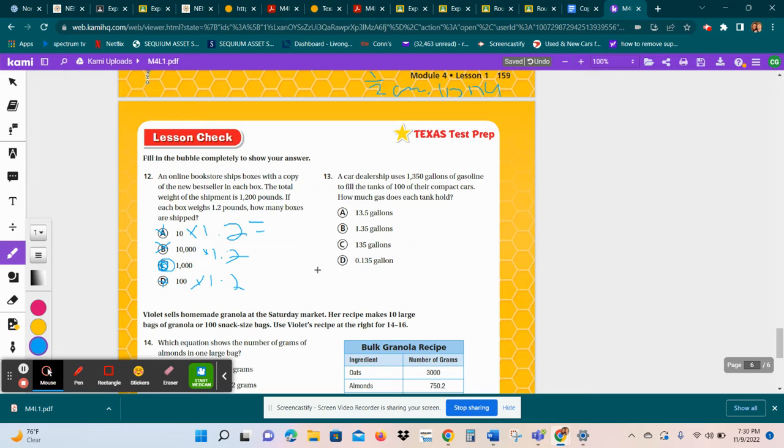Now, what I'm going to do is show you, let's see if I have any space here. I'm going to be moving my decimal, so I have 1,200 and I'm going to divide that by 1 2/10.